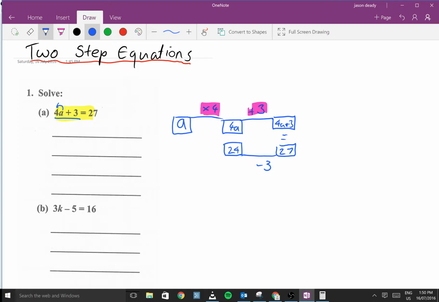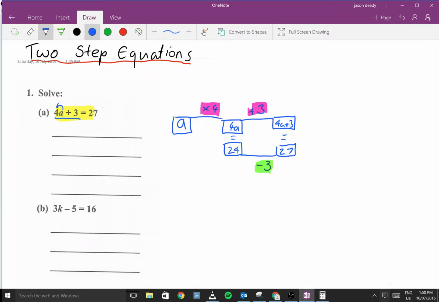Okay? Because I added 3 in the pink, I'm doing the opposite with the green. I'm taking away. Okay, whatever I did to make it 27, I need to undo by doing the opposite. So now I've got 4A equals or is the same thing as 24.